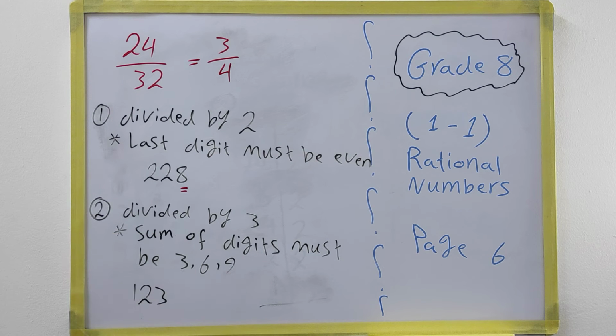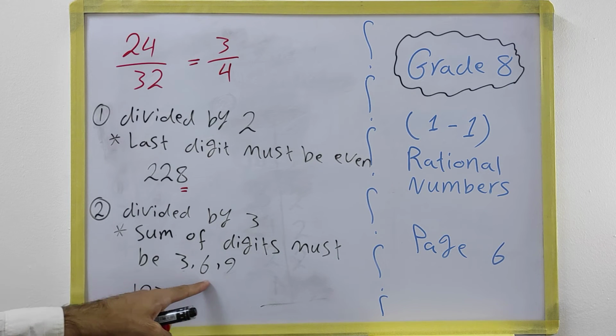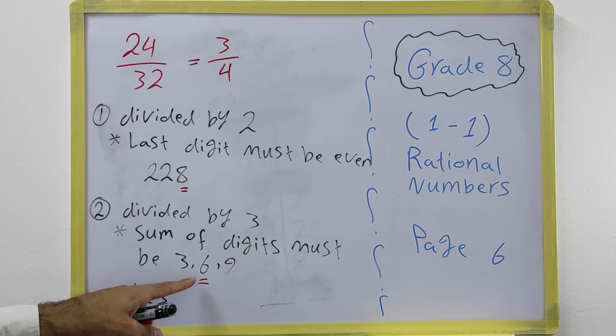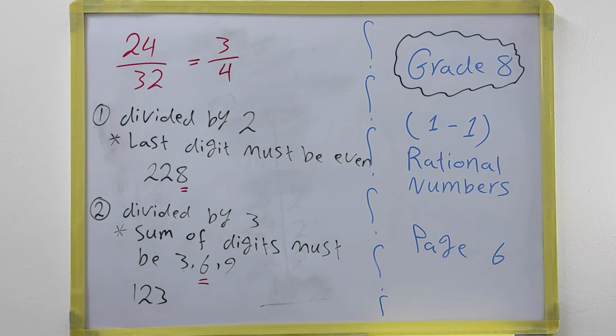Sum of the digits means 1 plus 2, 3, 3 plus 3, 6. Is it one of these numbers? Yes, so this number can be divided by 3 because the sum of the digits equals 6, and 6 is one of these numbers, so yes, it's possible to divide by 3.